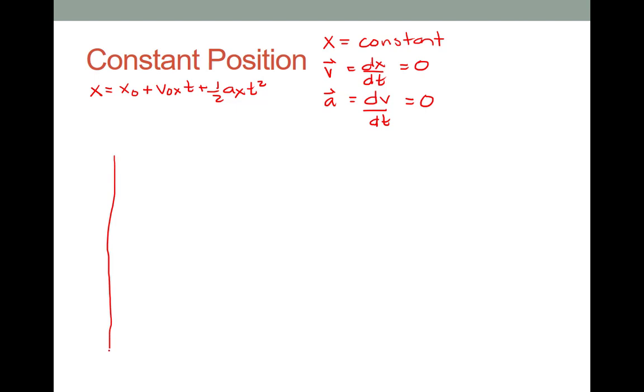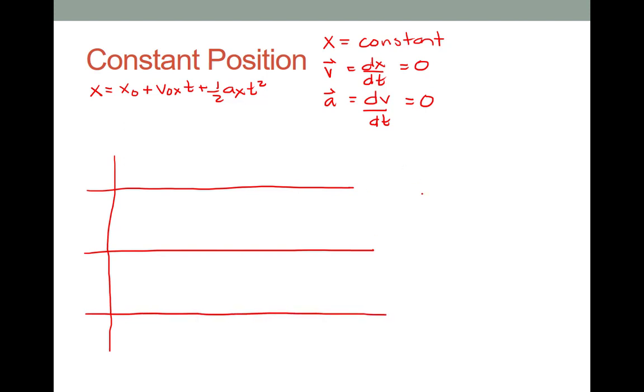And now we can graph these. I'm going to use one vertical axis to try to keep everything together. My horizontal axis is time in all three cases. This first one will be position, the middle one will be velocity, and the bottom one will be acceleration.